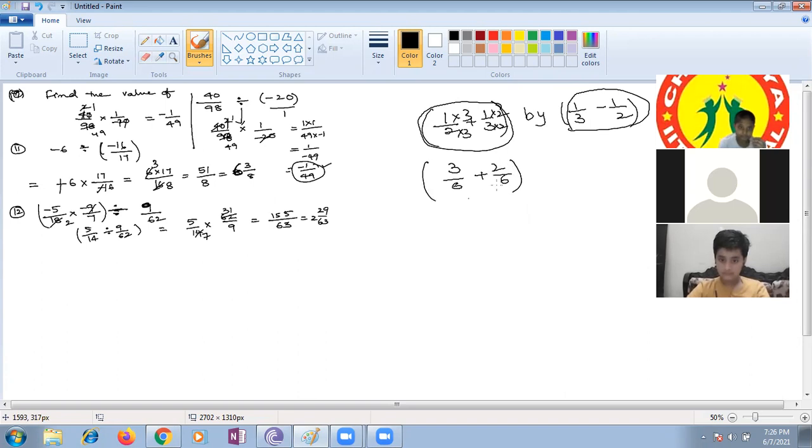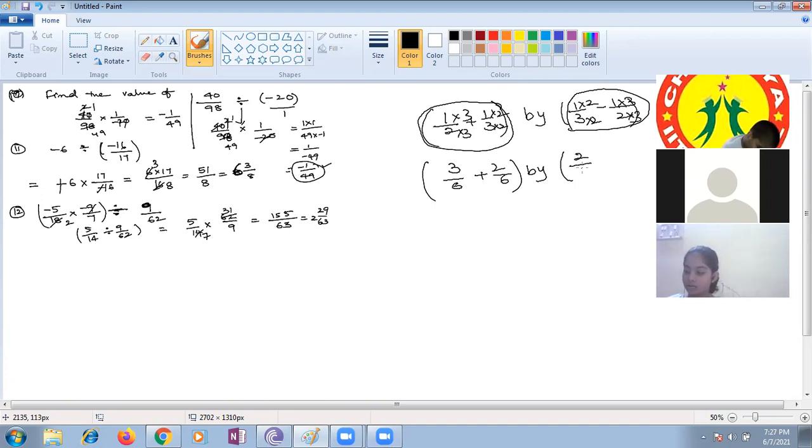The same way you have to do for subtraction. Since both are unlike, find the LCM. 2 and 3 are consecutive numbers. The LCM is 6, so multiply the first fraction by 2 and the second fraction by 3. So here the part is 2 by 6 minus 3 by 6.